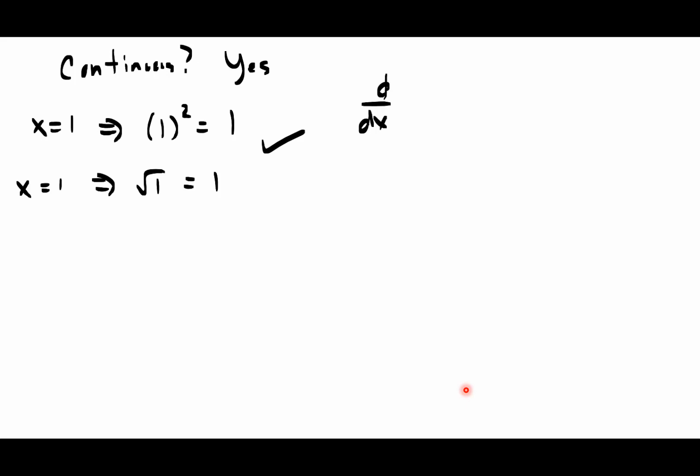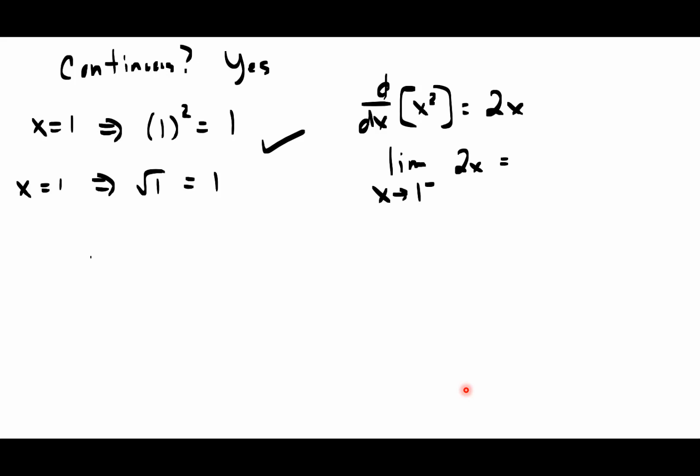So now let's take a look at derivatives from each side. From one side, if you take the derivative of x squared, you get 2x. That's cool. So all we want to do is look at the limit of 2x as x approaches 1 from the left side. You know about limits, right? Limits says that if I can plug it in, I'm cool.